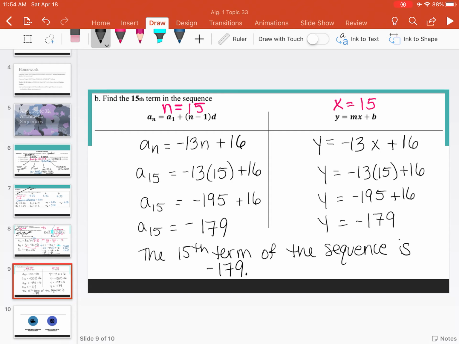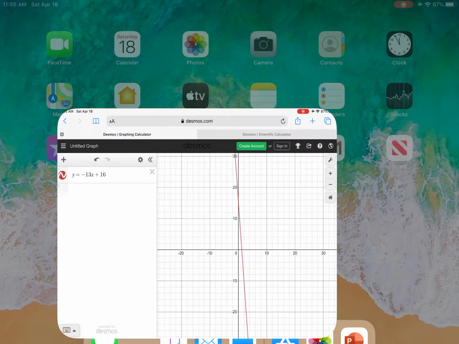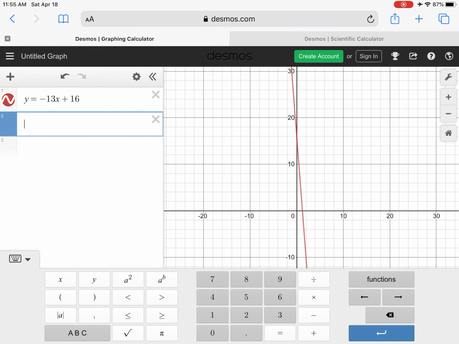Remember how I plugged the slope-intercept form of the equation into Desmos beforehand? We're going to go back to that now. We can actually also use graphing to solve this problem. When x equals 15, this is an equation that we can also plug in and use the system to find that solution. If we want to find the 15th term, I'm going to plug in x equals 15.